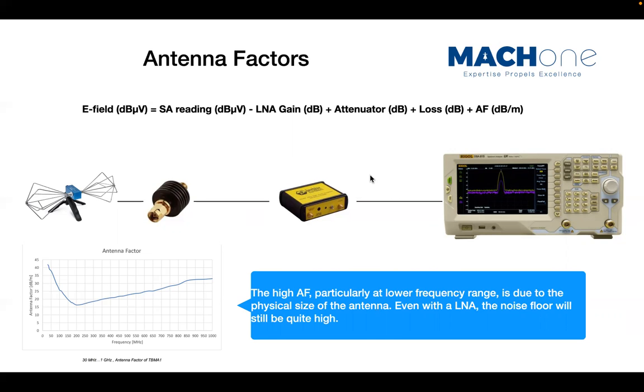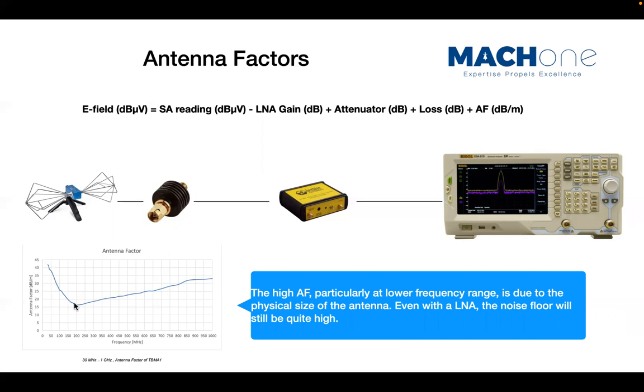Of course, these days we have smaller size antennas, such as this one. The drawback of the smaller size antenna is that, because the size is small, when you're approaching the low frequency range, in this case between 30 megahertz and perhaps 100 megahertz, you end up with very high antenna factors, as shown here.